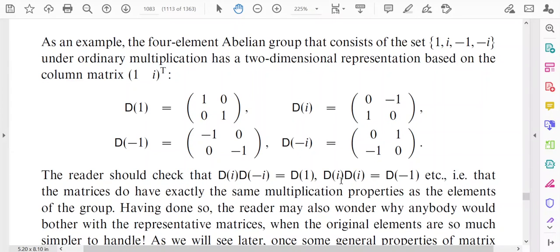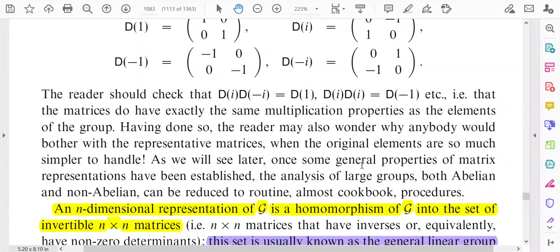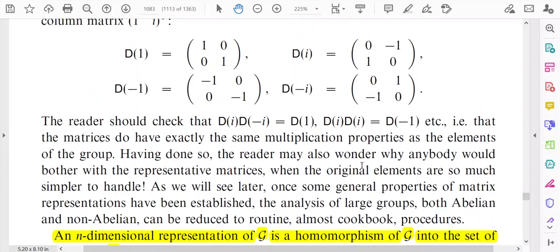Similarly, if i into i is equal to minus 1, then in the two-dimensional representation, D of i into D of i should be D of minus 1. You can check that this actually holds. So this is the description of the two-dimensional representation.